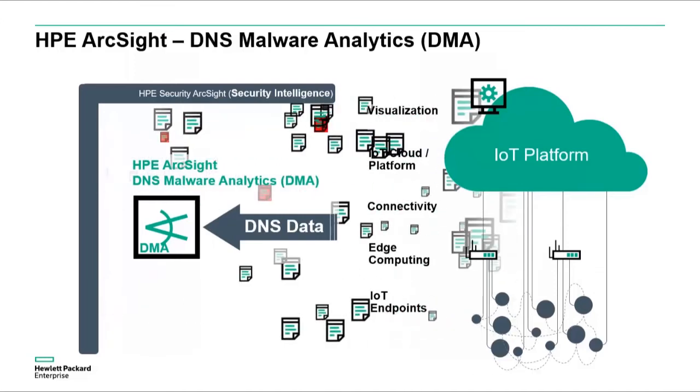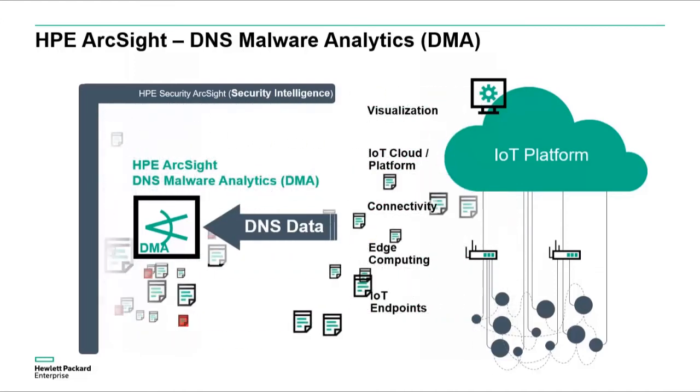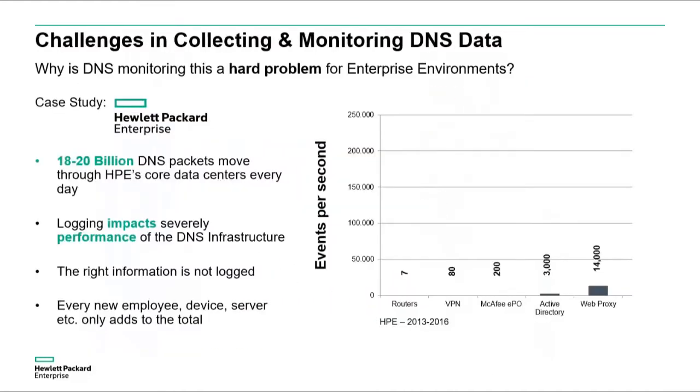So, analyzing DNS can be a very efficient way to detect attacks and malware. But at the same time, for most enterprise environments, it's a real problem to turn on logging for DNS, simply because of its sheer volume. Within HPE, approximately 18 to 20 billion DNS packets are processed by our 6 core DNS clusters every day.